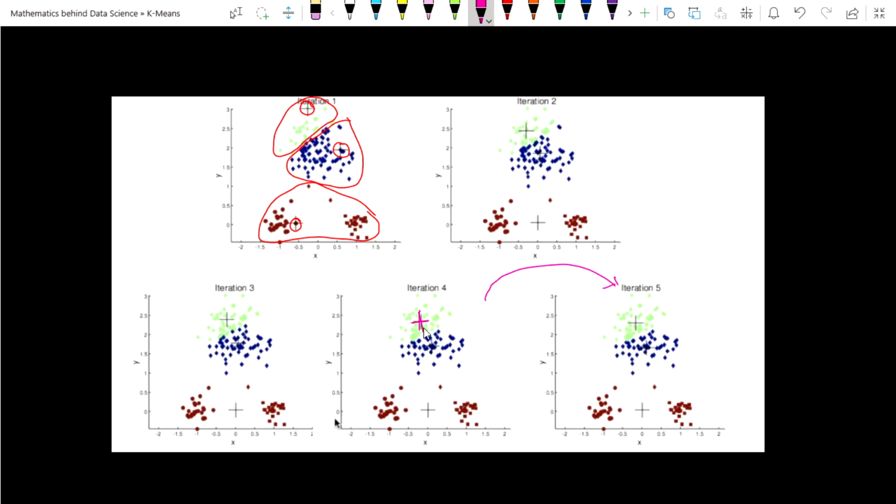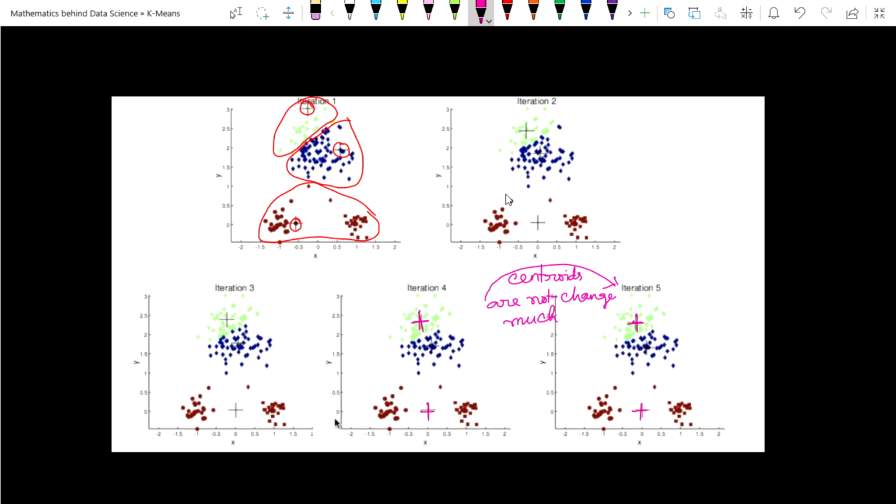So our algorithm concludes that it has converged; if the centroids do not change much, the algorithm has converged, so it stops here.